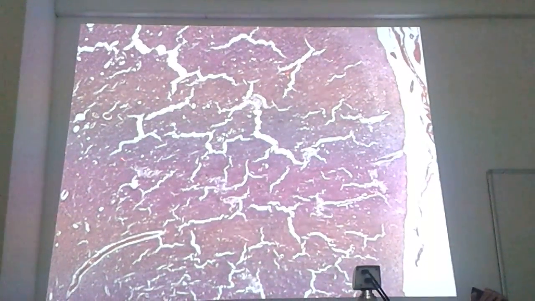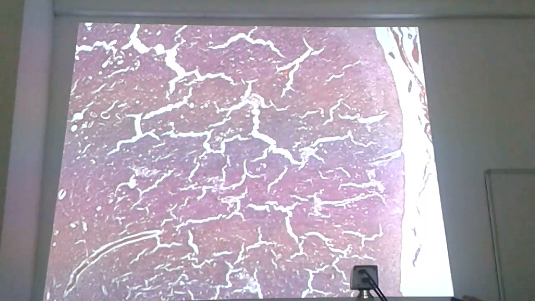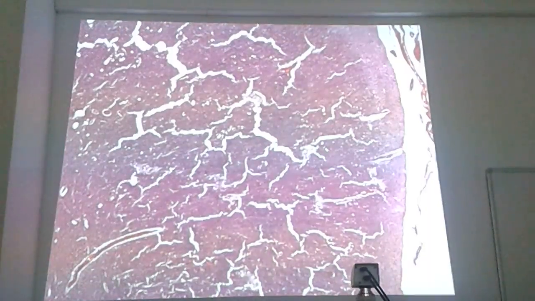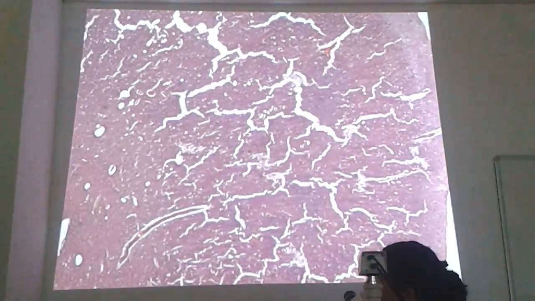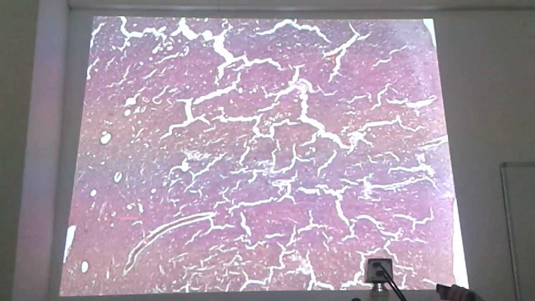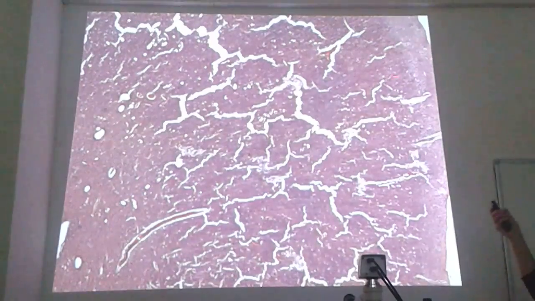So this is the gray matter of the cerebrum, and the white matter starts from here. This is the white matter, and this is all gray matter.